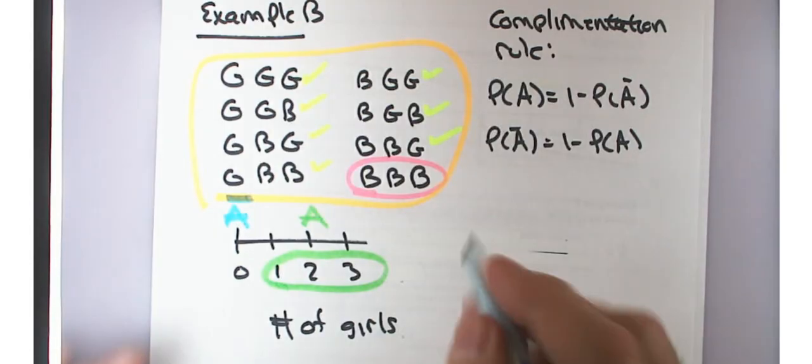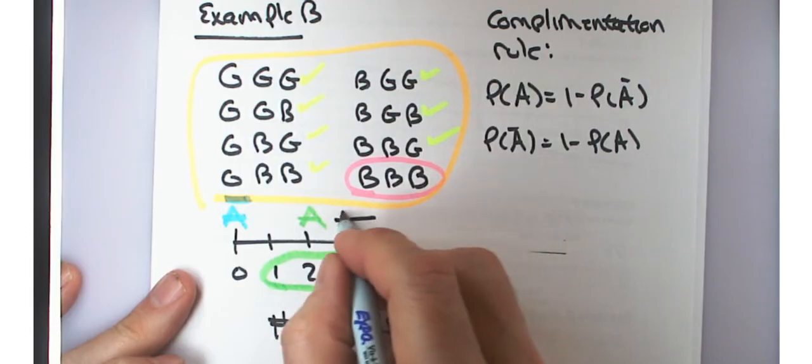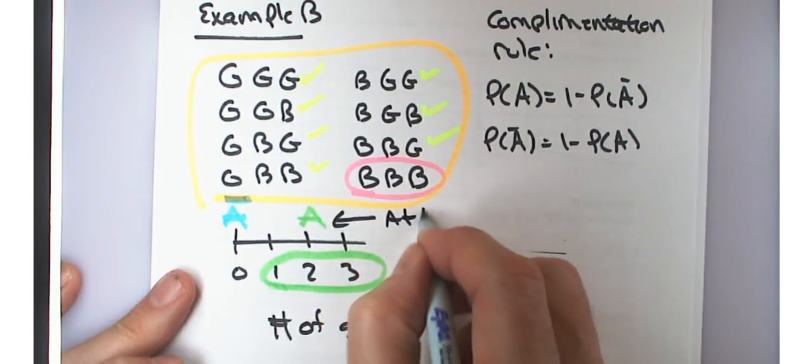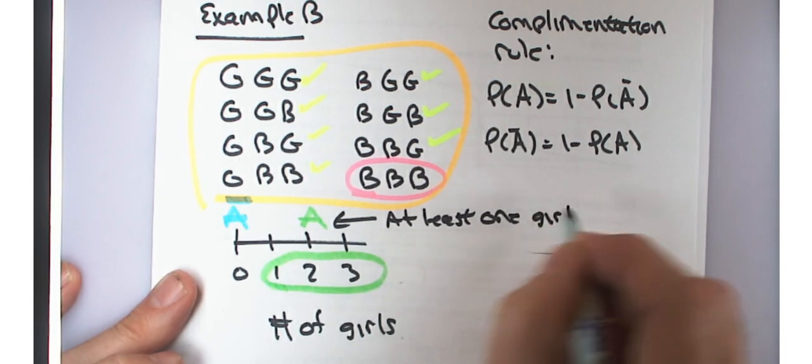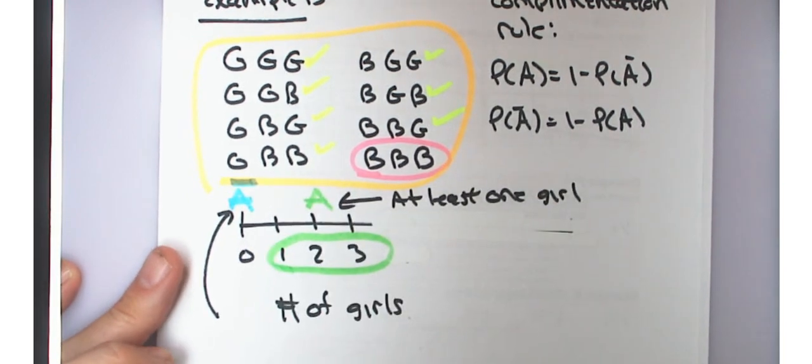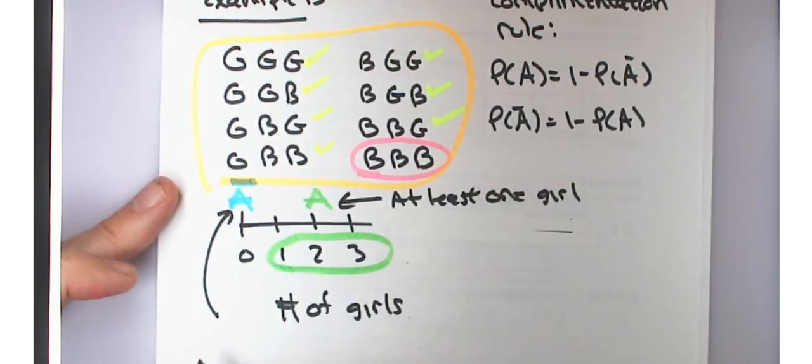So if A is the event of at least one girl, then this is the event of no girls. This is A bar, the event of no girls.